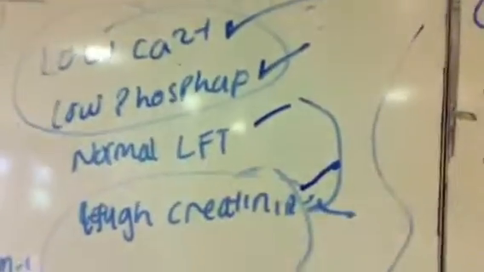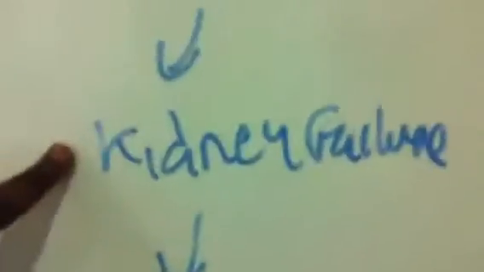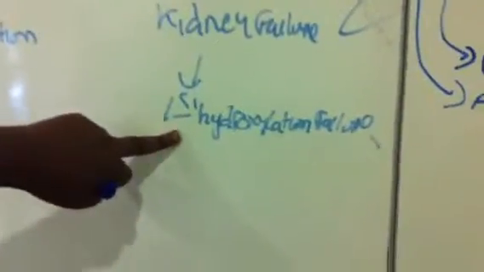If we find the liver is normal, but the creatinine is high, this patient's got a problem with his kidney. Kidney failure causing low calcium levels. When the kidney is failing, there's going to be alpha hydroxylation failure.